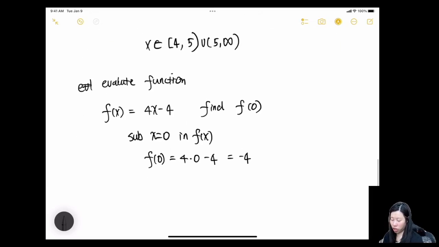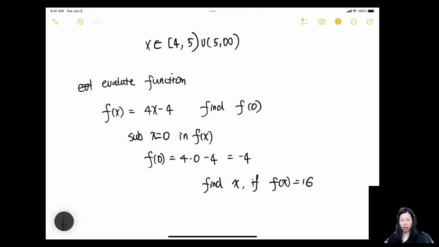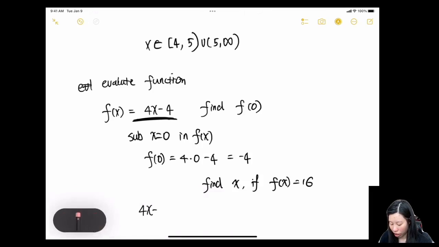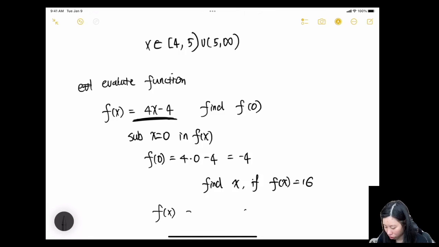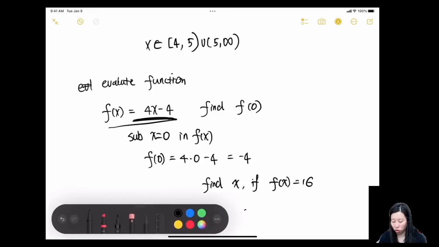But if it's the opposite, they want you to find x if f of x equals 16. That means the function, which is this part, because this part is equal to f(x). Okay, let me write this. Now they tell you f(x) equals 16. But f(x) equals 4x minus 4.